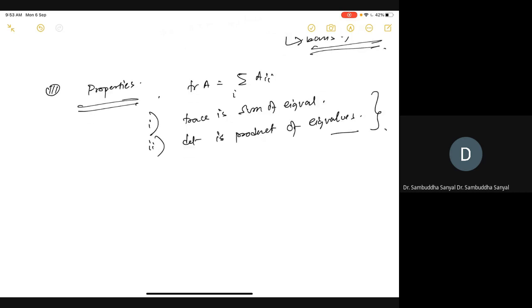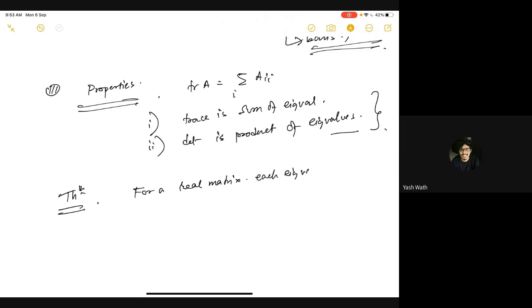Now there is one more important property here. Let me write it as a theorem. For a real matrix, which means the entries are real, each... Yes, this property that trace is the sum of eigenvalues will only be true if A is written in the basis of its eigenvectors? No, that is the interesting thing. It is always true. Trace is basis invariant.